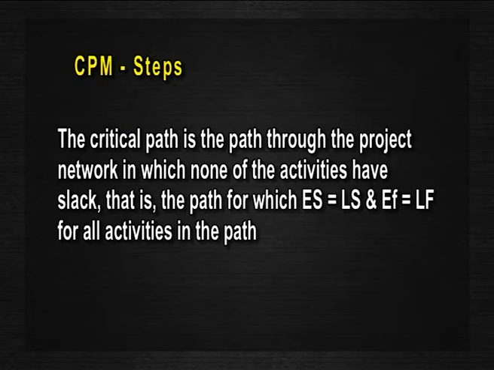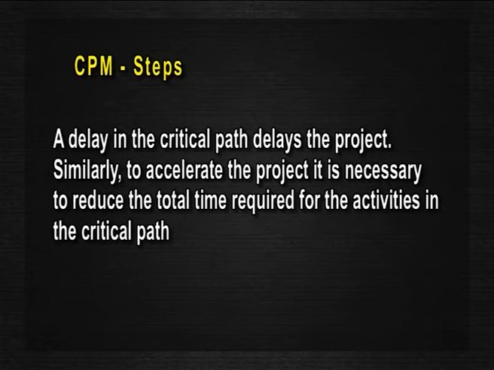The critical path is the path through the project network in which none of the activities have slack, that is, the path for which ES is equal to LS and EF is equal to LF for all activities in the path. A delay in the critical path delays the project. Similarly, to accelerate the project, it is necessary to reduce the total time required for the activities in the critical path.